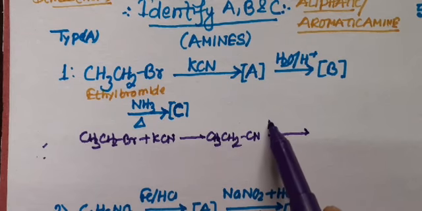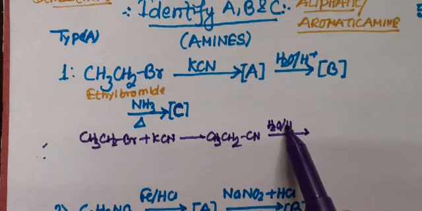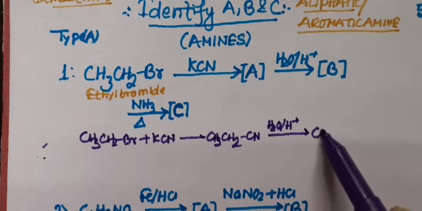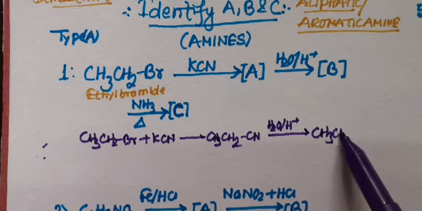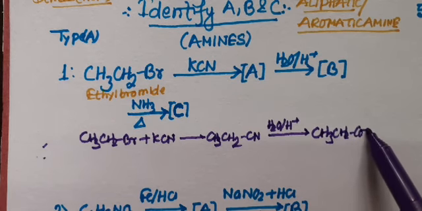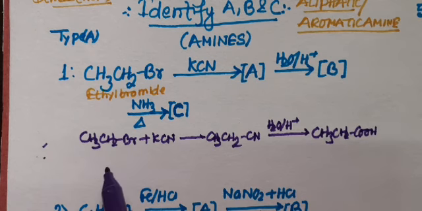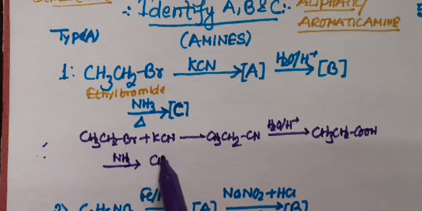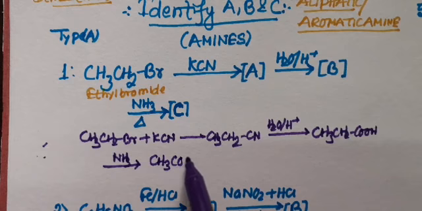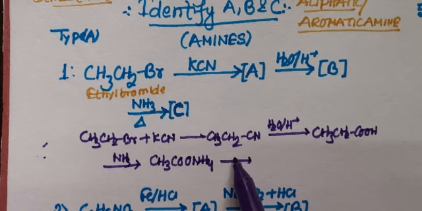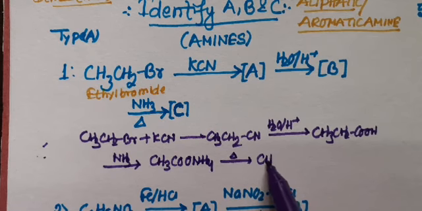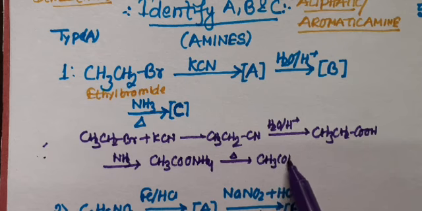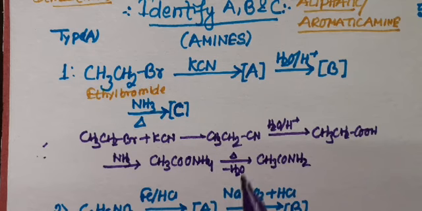On acid hydrolysis it will convert into CH3CH2COOH, and this on further treatment with ammonia results in the formation of CH3COONH4, and on heating it forms CH3CONH2, and the byproduct is water.